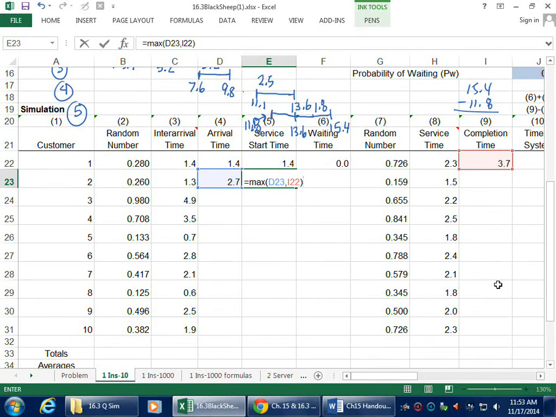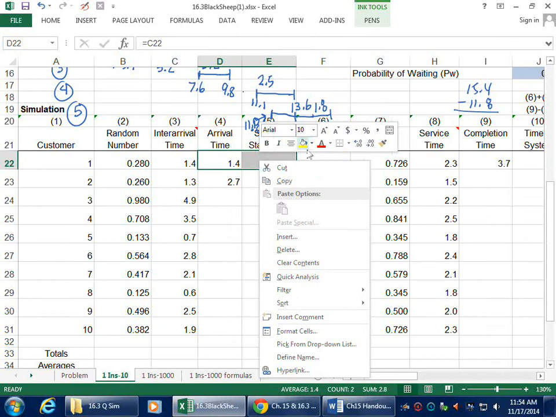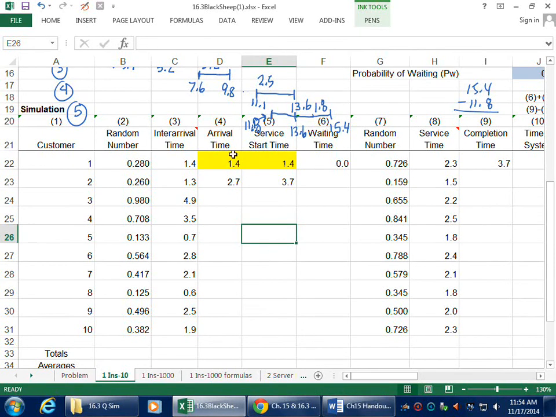That's the biggest thing you need to know about this whole simulation table. This part is different for the first customer.